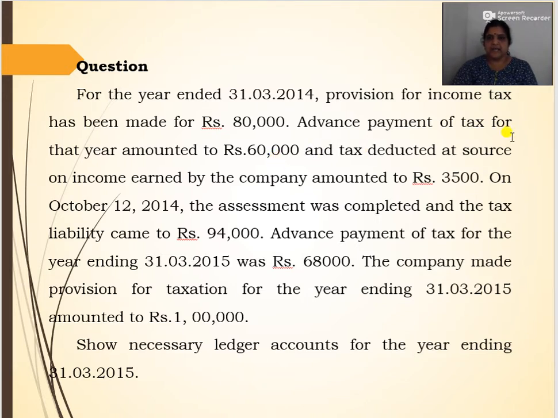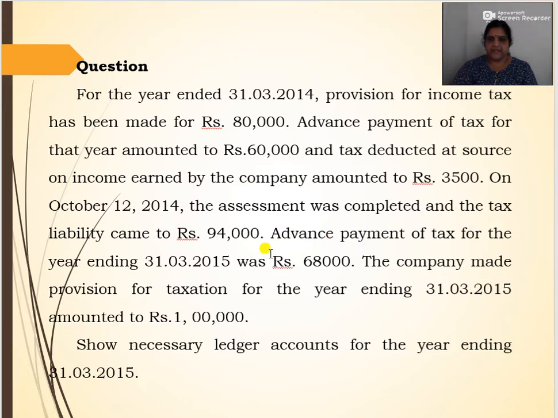Okay, and tax deducted at source on income earned by the company amounted to rupees 3,500. So this is based on income earned. Now, on October 12th, 2014, the assessment was completed and the tax liability came to rupees 94,000. That is, the actual tax liability is rupees 94,000.